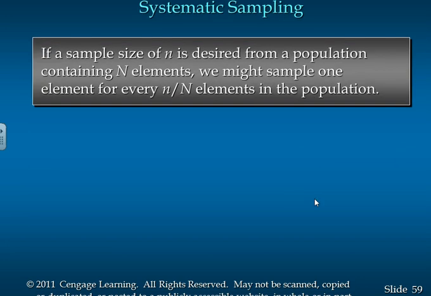Systematic. The sample size n is desired, from N elements, and we might sample one element for every N divided by n elements in the population.